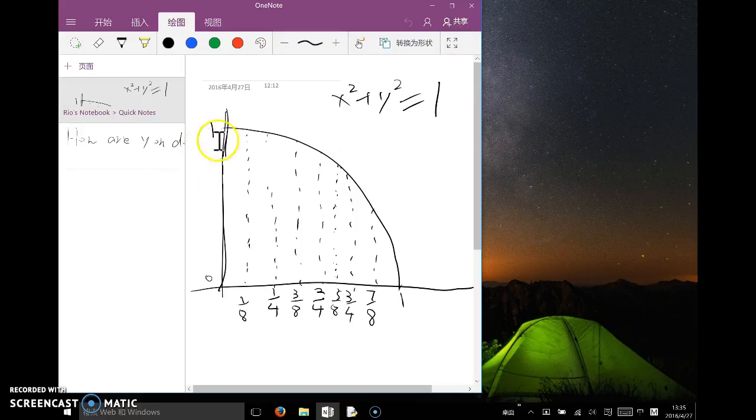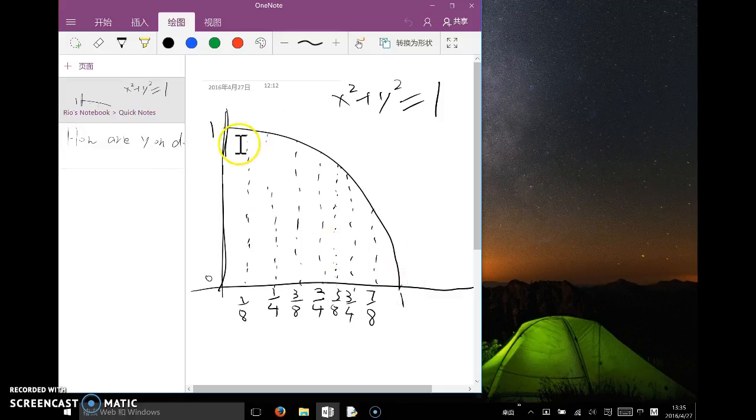So as we look at the picture, I divide the circle four times. So here is the first quarter, and the second one, and the third one and fourth one.